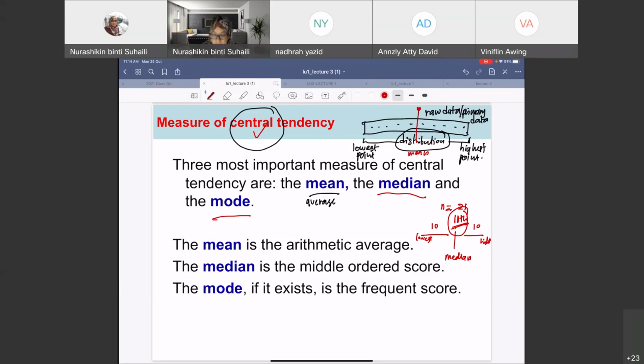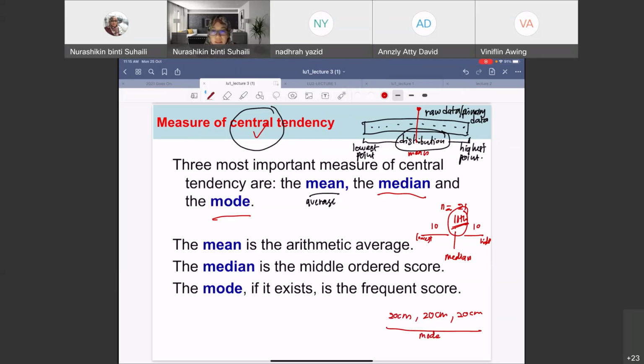Let's say the diameter of a bird's head, maybe 20 cm. Okay, 20 cm. You discover that it occurs 3 times, whereas other values occur only once or twice, less than 3. So this one seems to be the mode value. 20 is the mode value, the one that occurs the most.